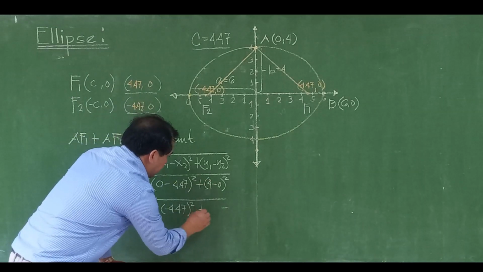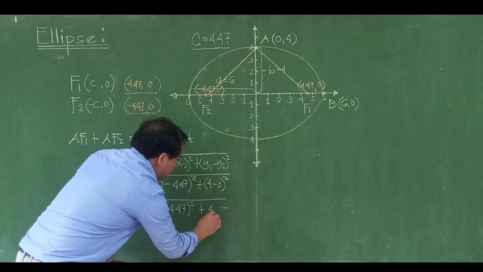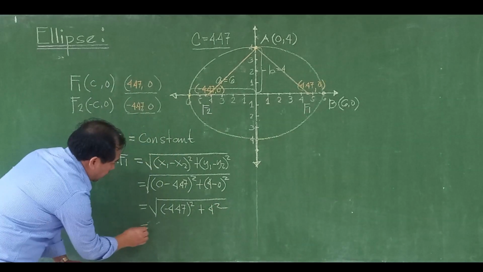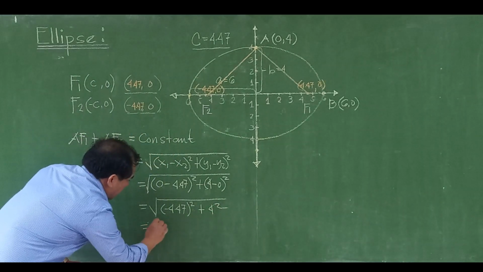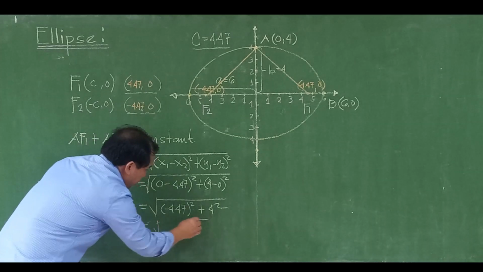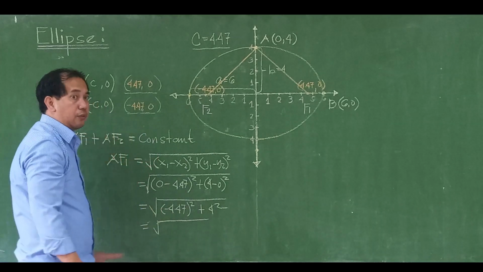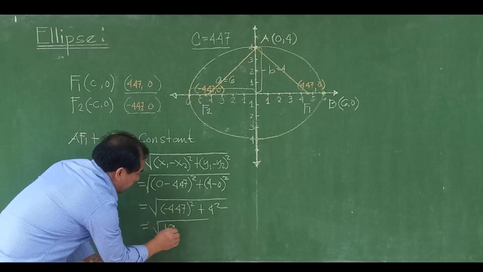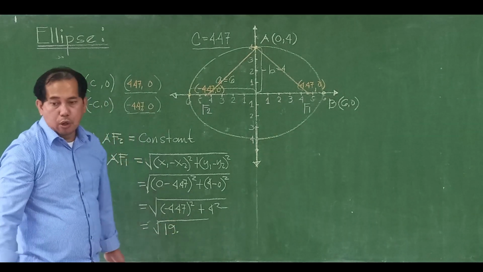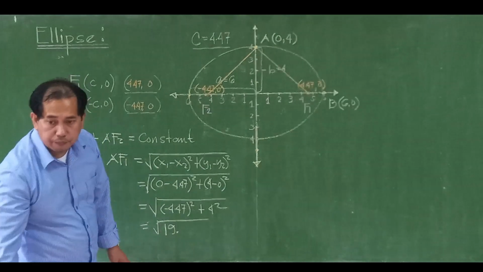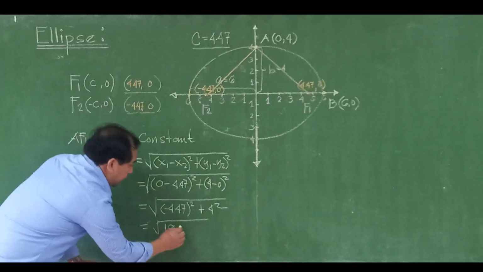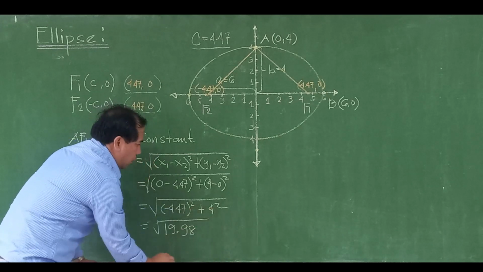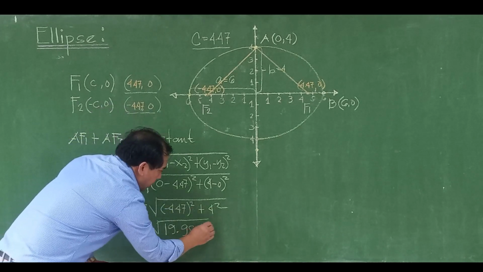That is 4 raised to 2. And so it will give you a result: what is the square of negative 4.47? That is the same as 19.98. What about this one? That is plus 16.